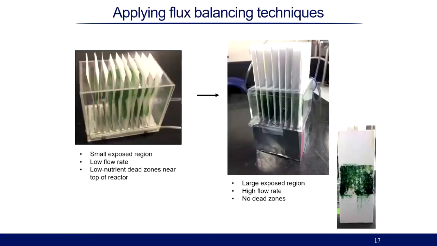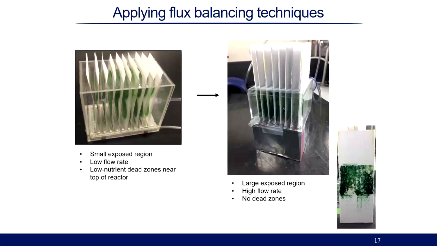And how we mitigate this is essentially turning up the flow rate of nutrient media through the reactor. On the left is our first crack at designing this system. You have these small exposed regions, so you have a small evaporation rate and therefore a low flow rate of nutrient medium through the system.